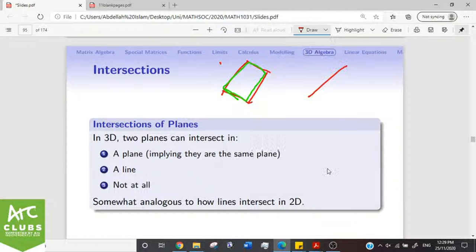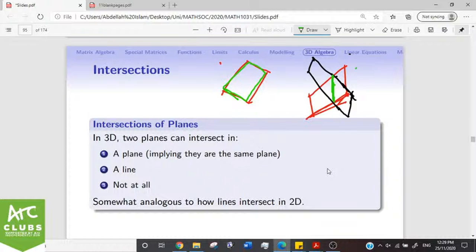So if I have a plane that kind of looks like this, I have another plane that kind of looks like, let's use black. Then their intersection is right there, right? So it's a line, as you can see.